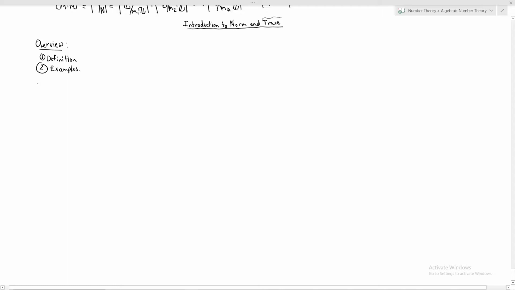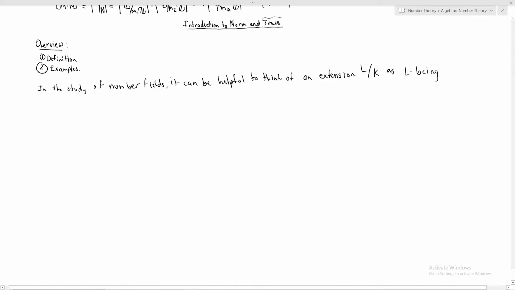Okay, so first I want to just give you some motivation for what these norm and trace maps are. So in the study of number fields, it can be helpful to think of an extension L over K as L being a K vector space, not just a K vector space, a K algebra.